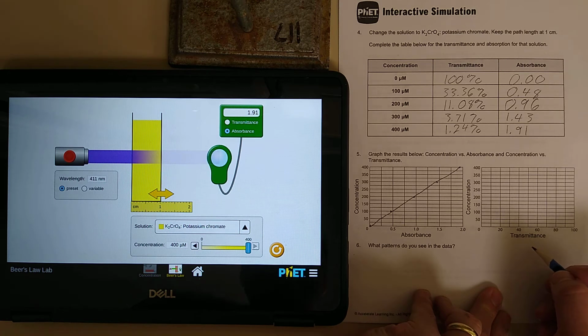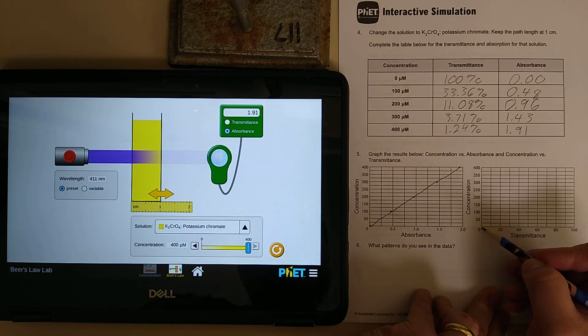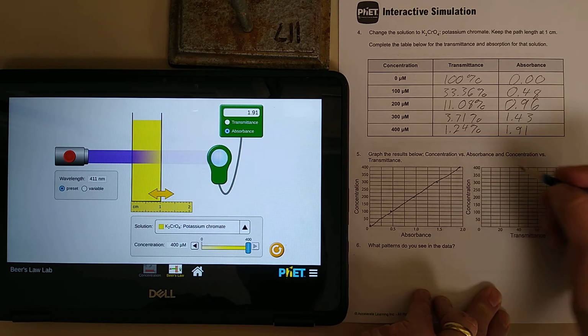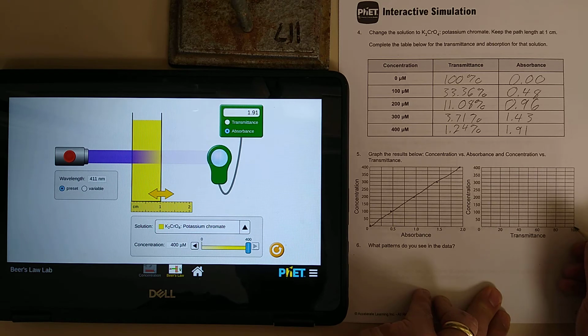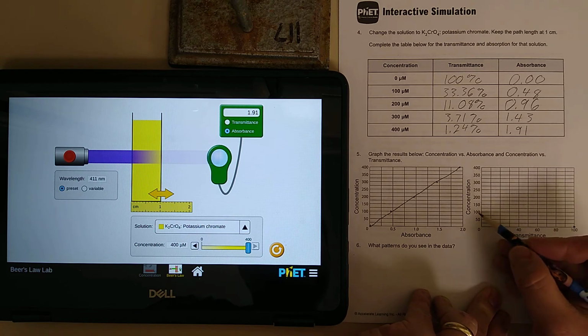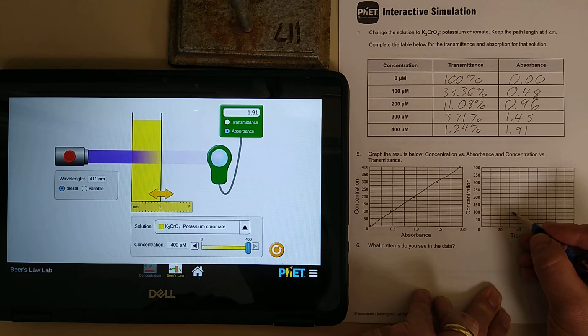And now concentration versus transmittance. At concentration of 0, transmittance is 100. Okay. And at a concentration of 100, it's about 33%. So that's 30. So I'm going to put it about right here.